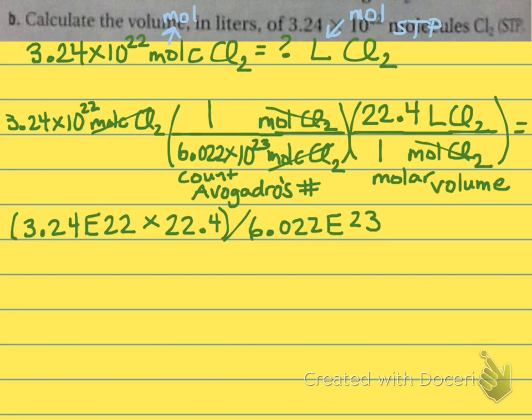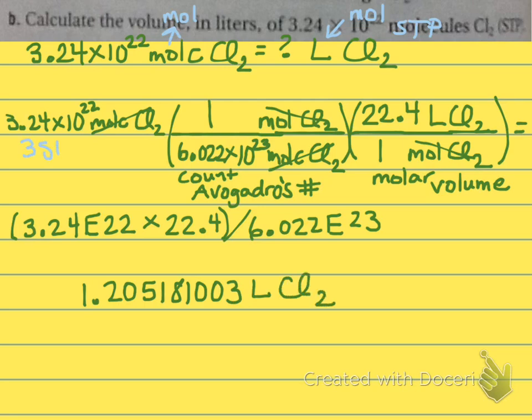Okay, so 3.24 E22 times 22.4 divided by 6.022 E23. And again, my calculator gives me 1.205181003 liters of chlorine.